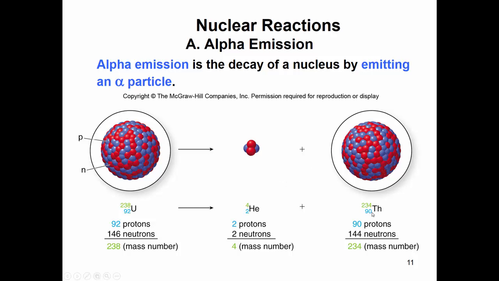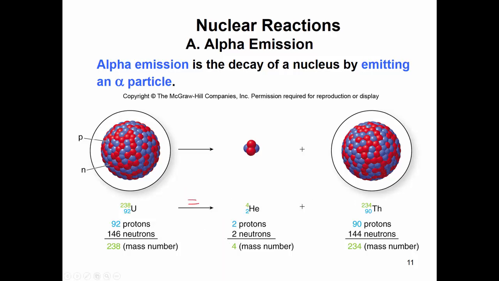Okay, so if we look here, we have 2 protons and we have a mass number of 4. We have 90 protons, okay, and we have a mass number of 234. So if you add up 4 plus 234, you get 238. So these are equal.